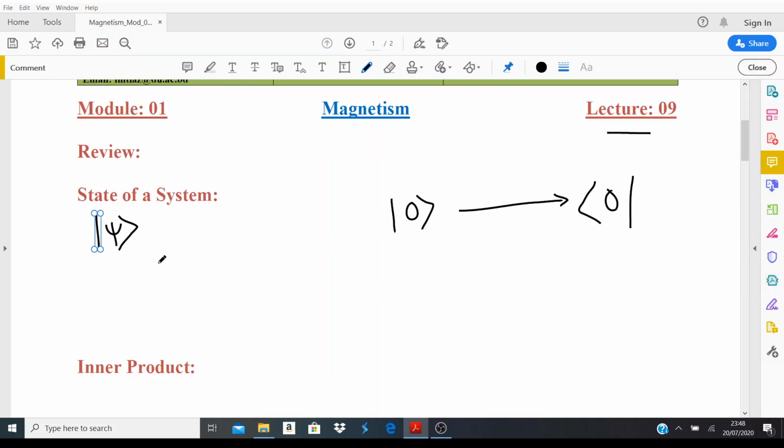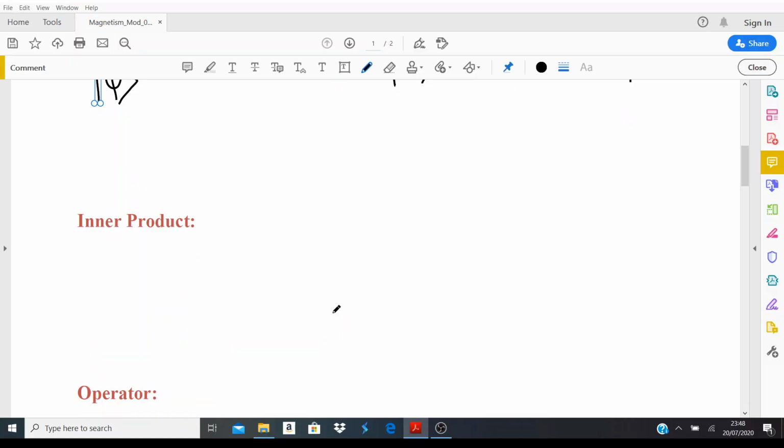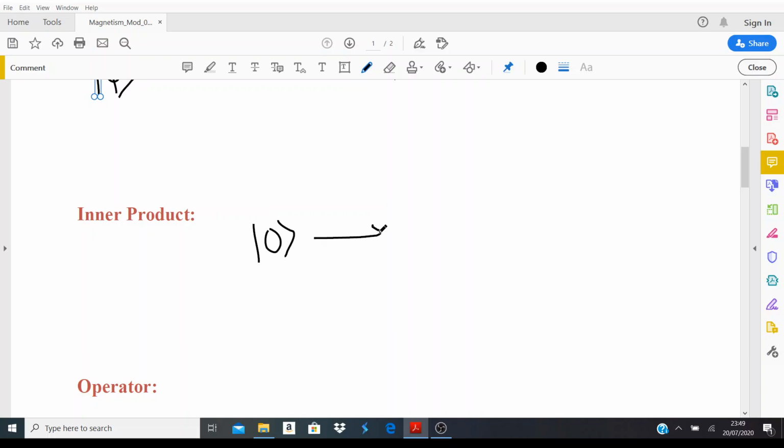Once we have a pair of ket and bra vectors in our hand, the next point is whether we can define an inner product between them. Let's say we have two vectors. One is the ground state of the electron as a ket vector, and we also form a bra vector from this ket. Then the inner product between these two vectors is defined as we put the bra on the left and then we put the ket on the right.